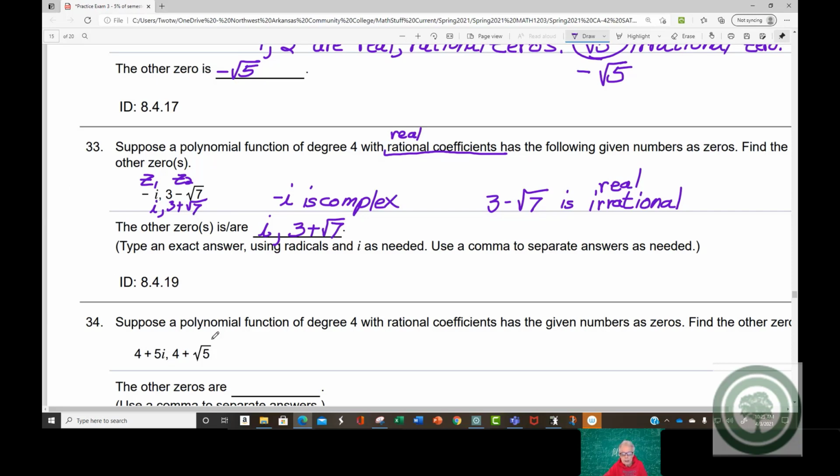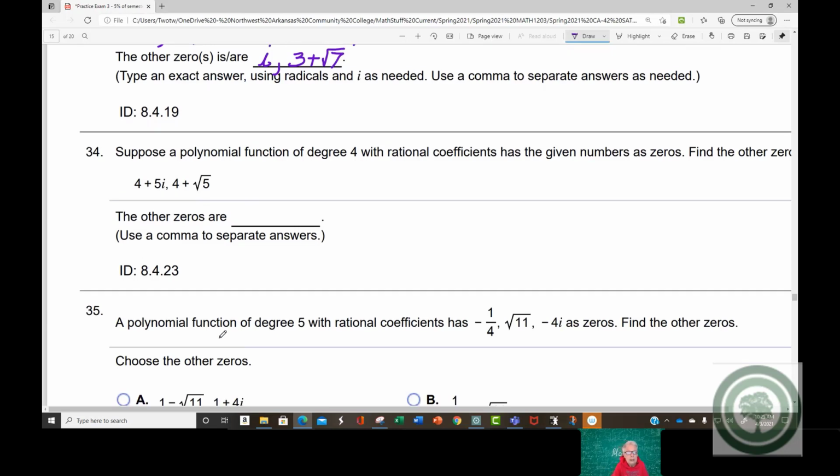Same thing is true here. Here we have two zeros. Again, 4 plus 5i is complex. But they say they want rational, which means real, coefficients. Real and rational. Rationals are real.